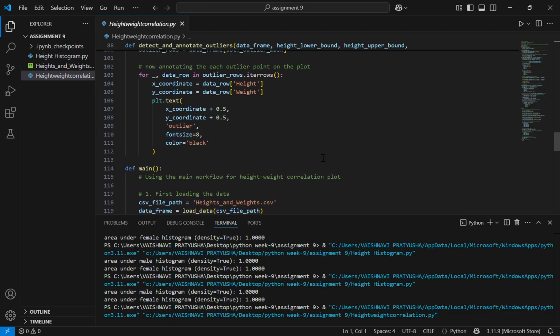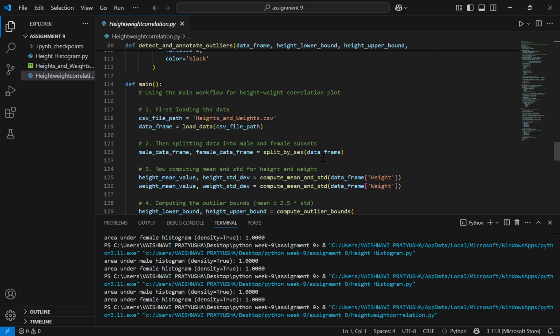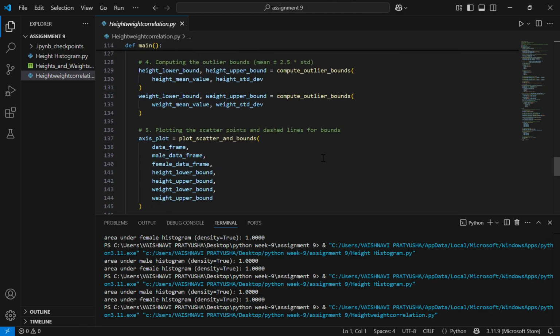I drew the dashed lines that I figured out, which mark a safe zone for the scatter points. Any point which falls outside the lower or upper bounds lies in the shaded corner regions. I automatically checked the heights and weights against those bounds.